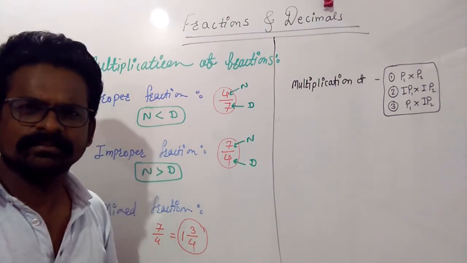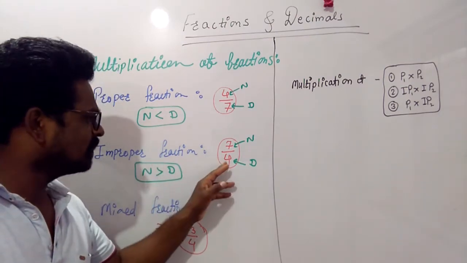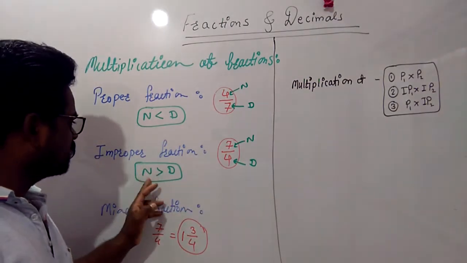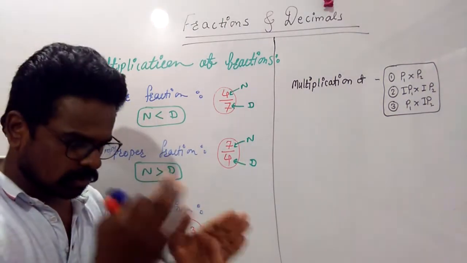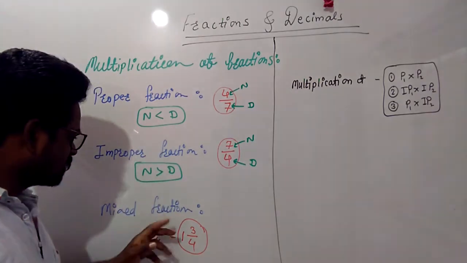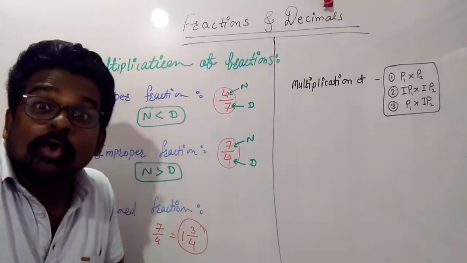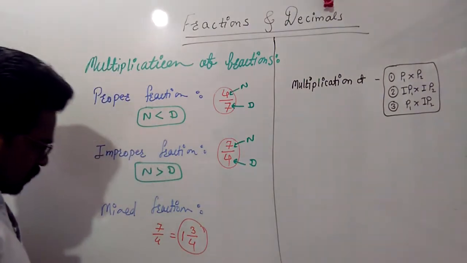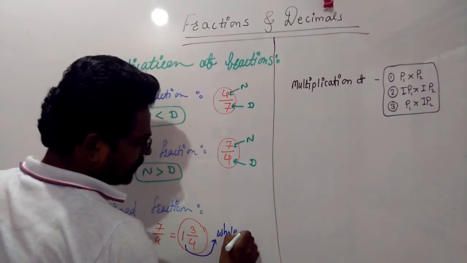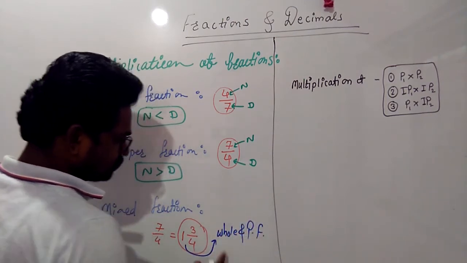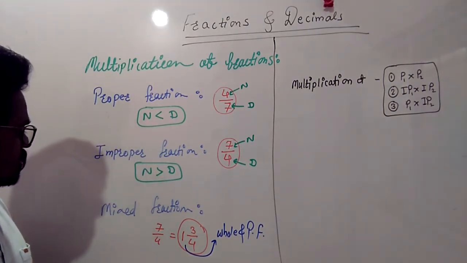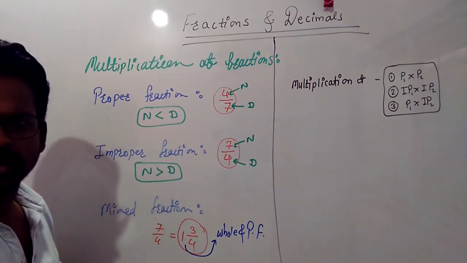We will get some remainder, no problem, but it is partially divisible by the denominator, and the numerator is always greater than the denominator. That is the basic difference between the two. And mixed, we can write, is the combination of whole and proper fraction. That type of fraction is called a mixed fraction.